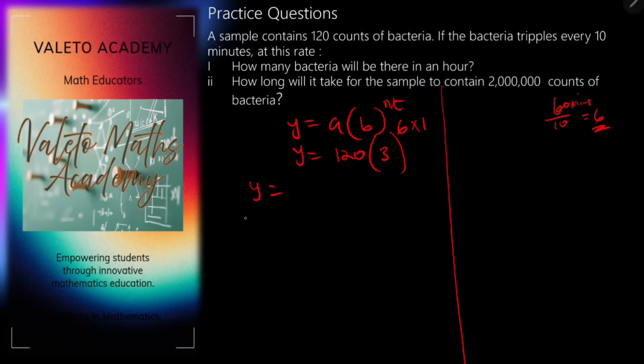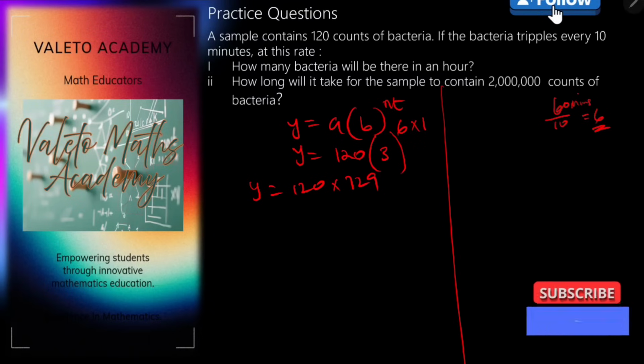So y here, the first part of the question, will now be equal to 120 times 3 raised to the power 6, which is 729. So if you put all this into the calculator, times 729, please always confirm if I'm correct.